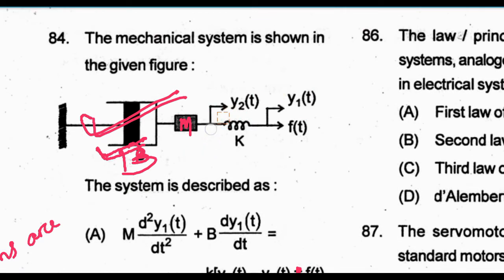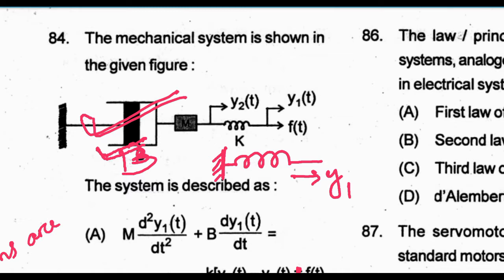Suppose this one is the spring, and suppose this one is the rigid body, and I put the spring like this, and this is the y1 force. What will happen? The spring will expand.